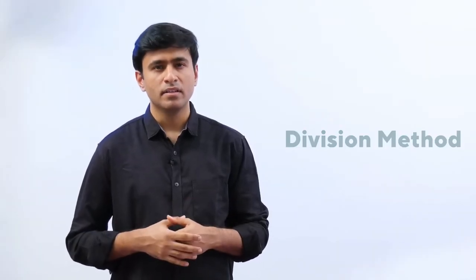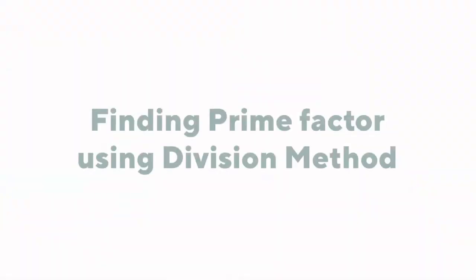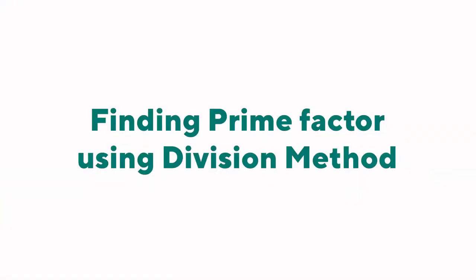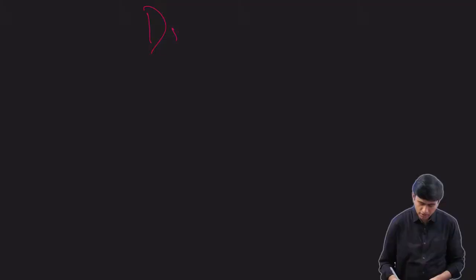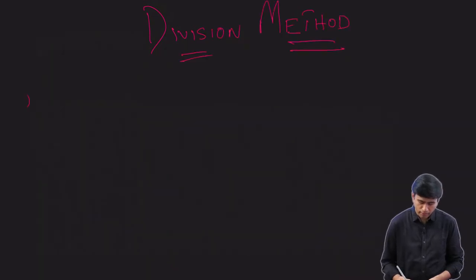Now let's talk about the division method. This is the more common method we use to find prime factors. This is how we find the prime factors of a given number using the division method. Let's find the prime factors of 36.